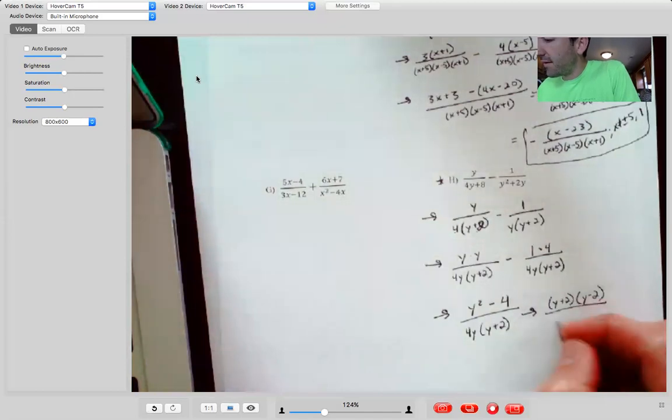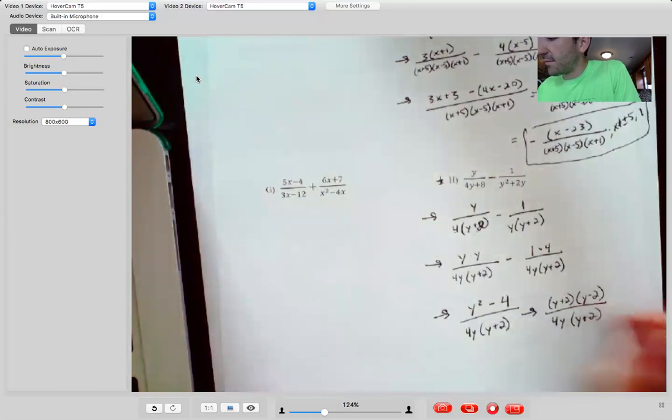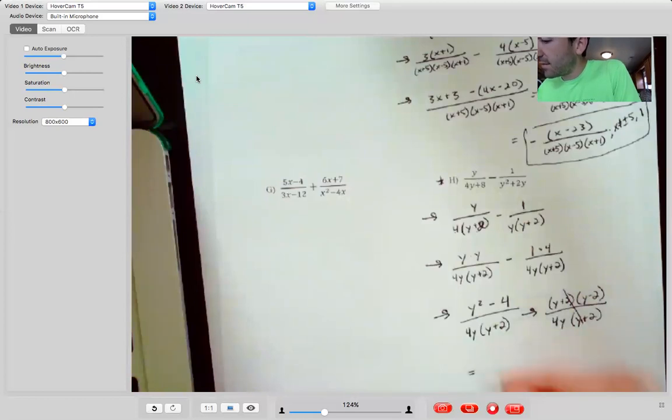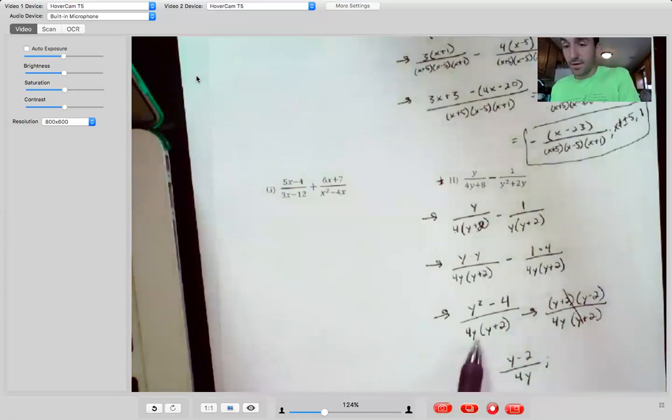And you see we have that common factor there, so that's why this one would have been incorrect, because it wasn't fully simplified. So the fully simplified answer would be the quantity y minus 2 over 4y. That's correct.